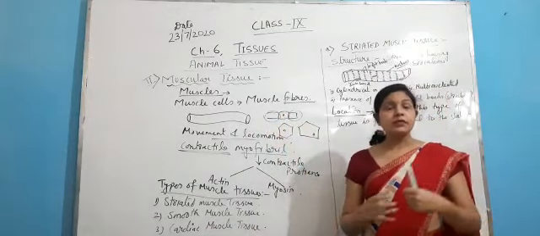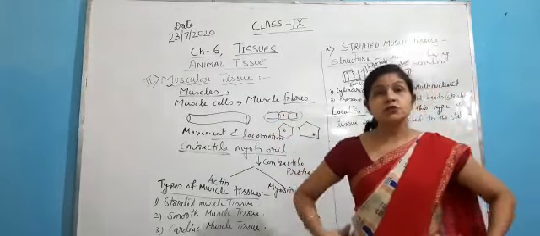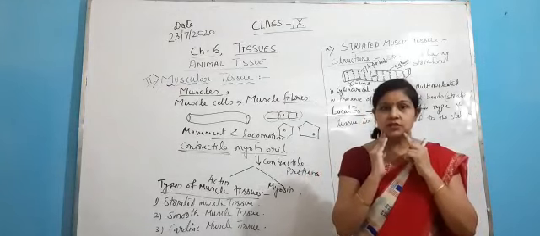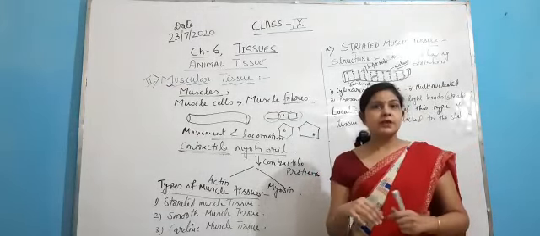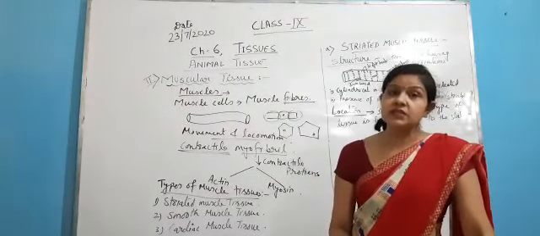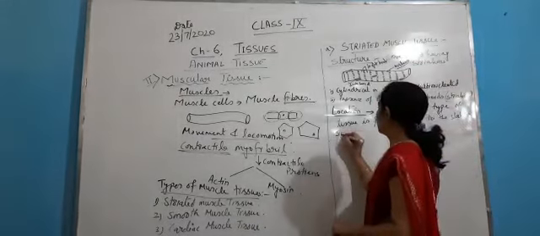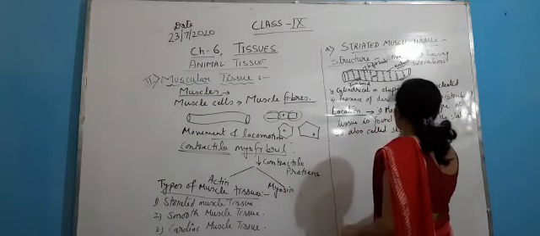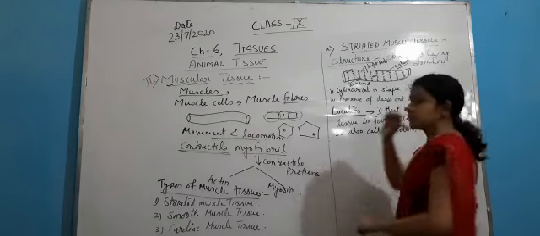Likewise, the muscles of the legs, the muscles of the body, the muscles of the shoulders, the muscles of the jaws, all these are found attached with our skeleton, or the bones which are present over there. That is why these muscles are also called skeletal muscles.